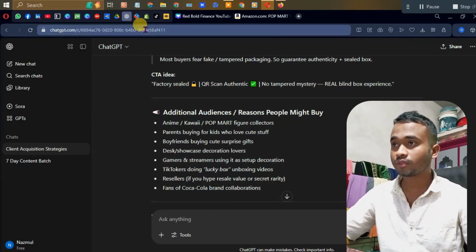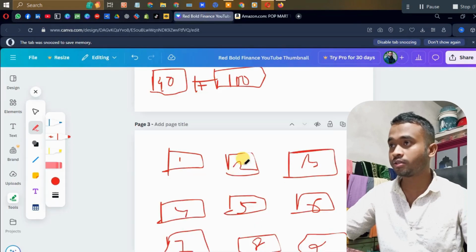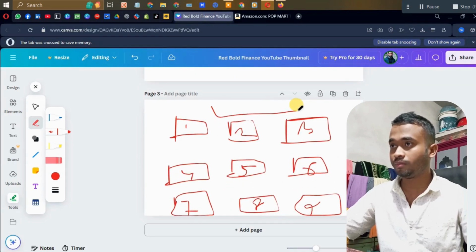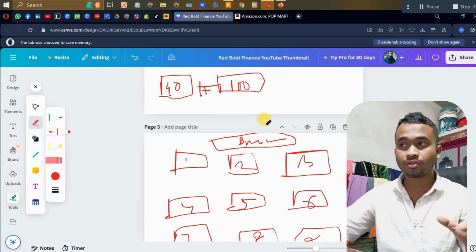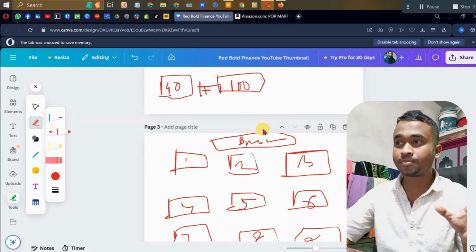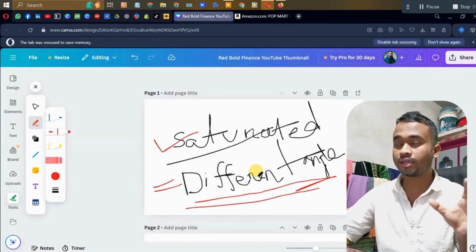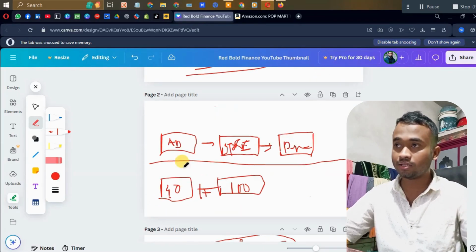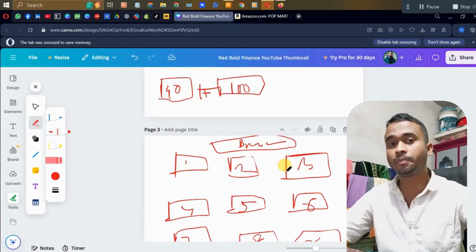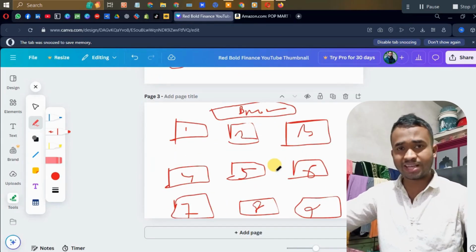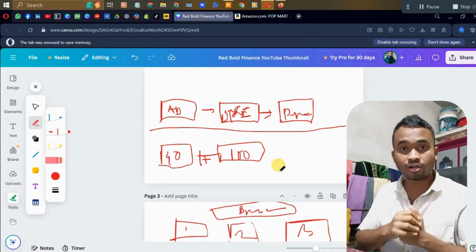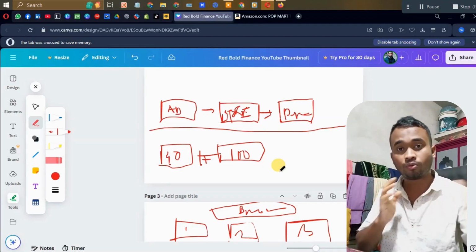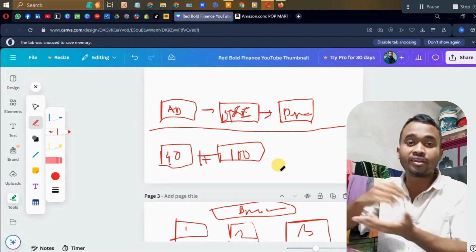So you must create these 9 or 10 ad sets, and also focus on the price, and a very good ad creative that beats your competitor. So this is a very basic and proven system for how you can sell an unsaturated or saturated product, an old product, a boring product, no problem, with a different angle.